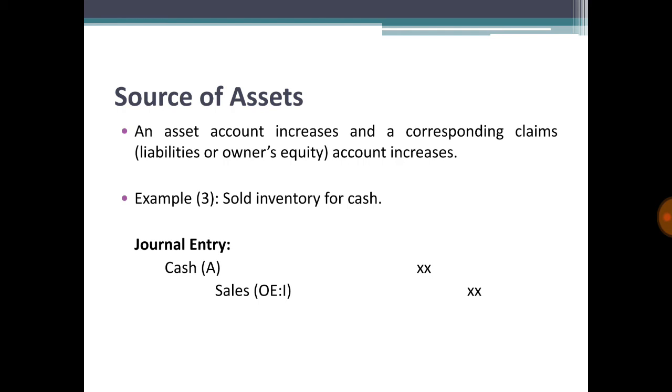So these are some of the examples of transactions that involve the source of assets. I hope by this time that you can also name or identify other transactions that involve the source of assets.